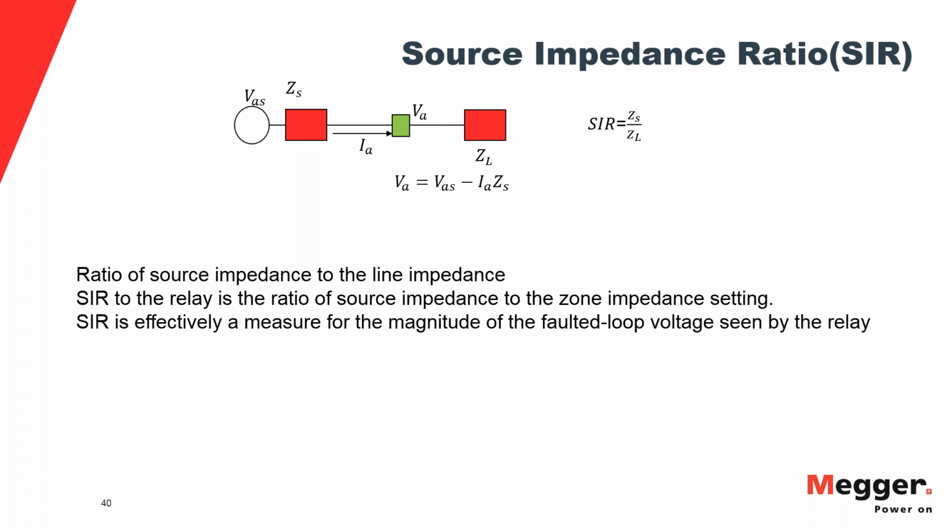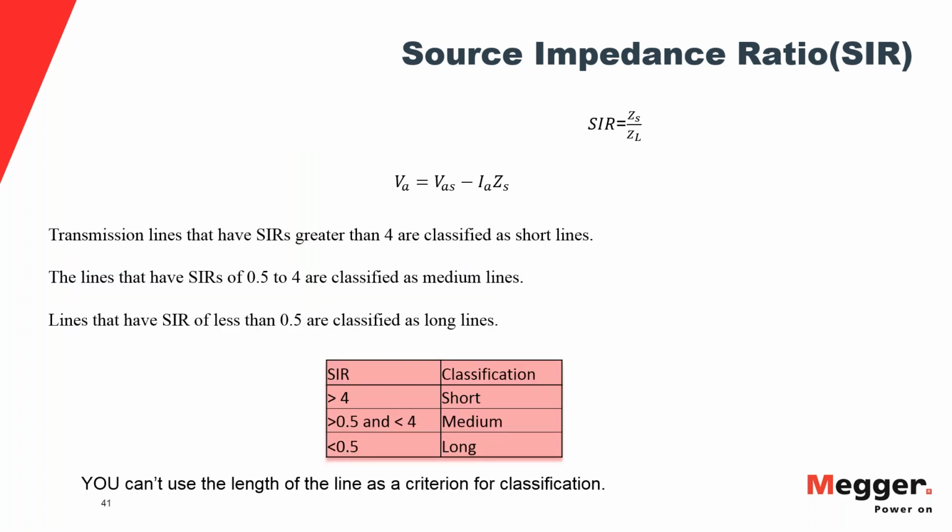Now, how is this SIR related to line length? It is said that transmission lines that have an SIR greater than 4 are classified as short. The lines that have a source impedance ratio of 0.5 to 4 are classified as medium, and lines that have a source impedance ratio of less than 0.5 are classified as long lines.